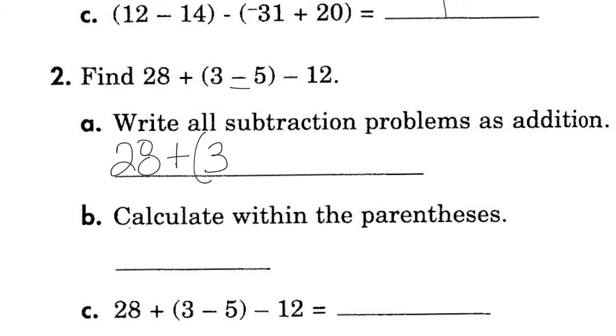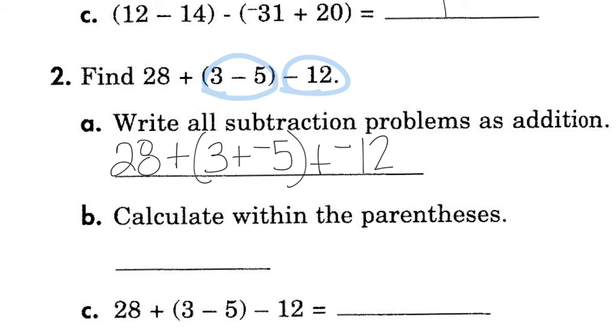Now we're going to change this subtraction to plus the opposite, negative 5. Then I'm going to change this negative to plus a negative 12. Then it says calculate within the parentheses.